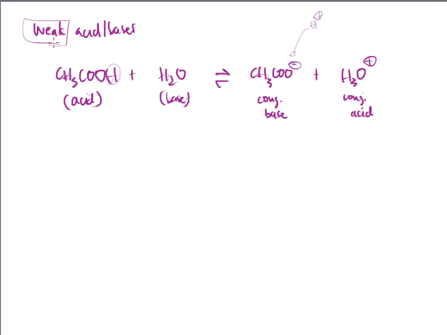So imagine that you're a parent and you kick out your 18-year-old son and you tell them to go and support themselves. Well, off they go. There you go. CH3COO minus is now formed. Hydrogen has gone off, and hydrogen now has moved into an apartment complex. H3O plus is formed.